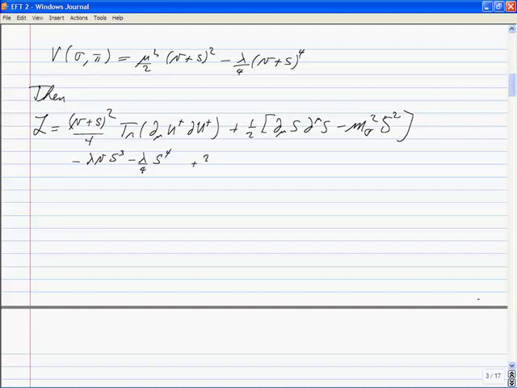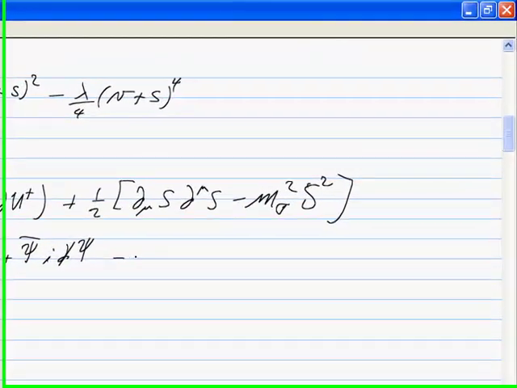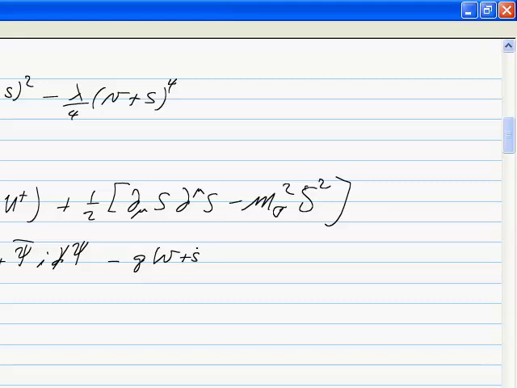I've dropped the constant, and then the fermion pieces: psi bar left U psi right plus psi bar right U dagger psi left. So that's another way to write the old sigma model Lagrangian here.